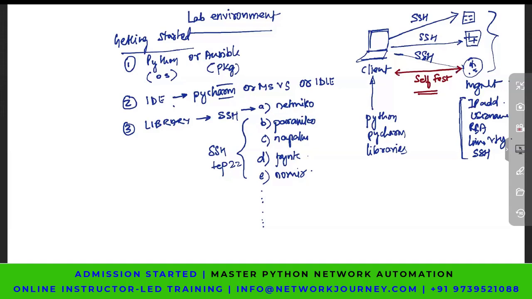So first do the self test between your machine and the end devices. If you see that all the three are negotiating for SSH, and you can log in, you can do some manual show command, then that is when you have to start writing your script.